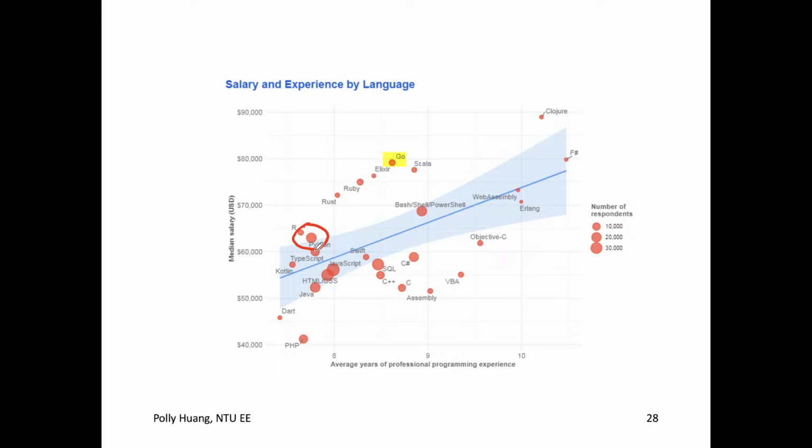Python programmers, slightly better: less than 8 years of experience, and you get about 63,000 a year. But a Golang programmer, maybe 8.5 years of experience, gets some 20-something percent higher salary than the Python programmer.